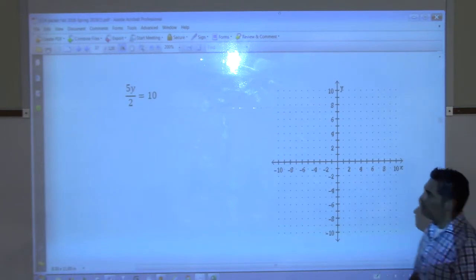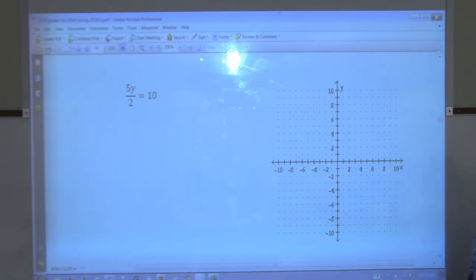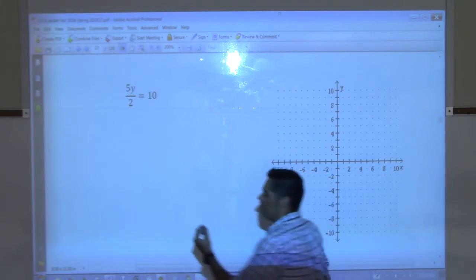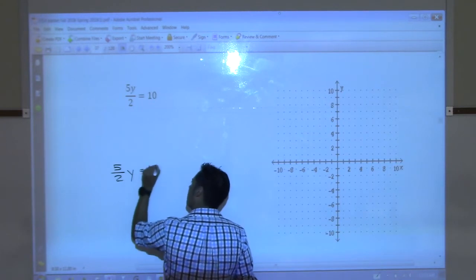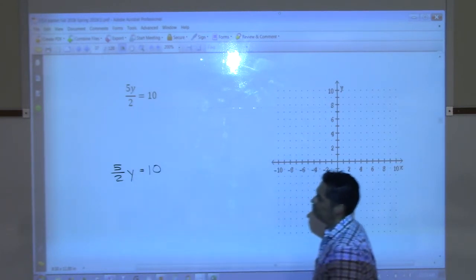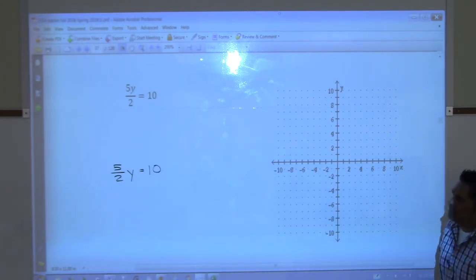So what's different about this one? 5y over 2 equals 10. There's no x. Do y'all agree there's no x in this equation? I'm going to write it slightly different: 5 over 2 y equals 10. So for this, there's no x in the equation. You might say to yourself, well, then this isn't a line.